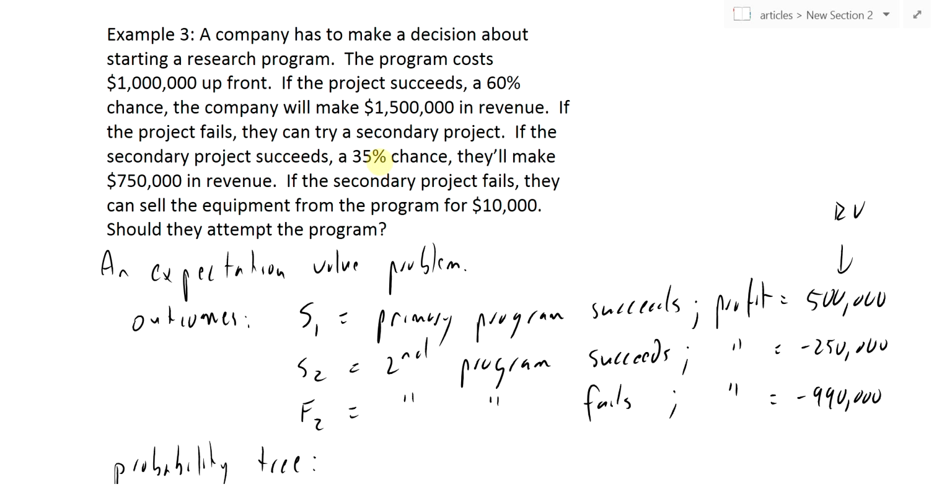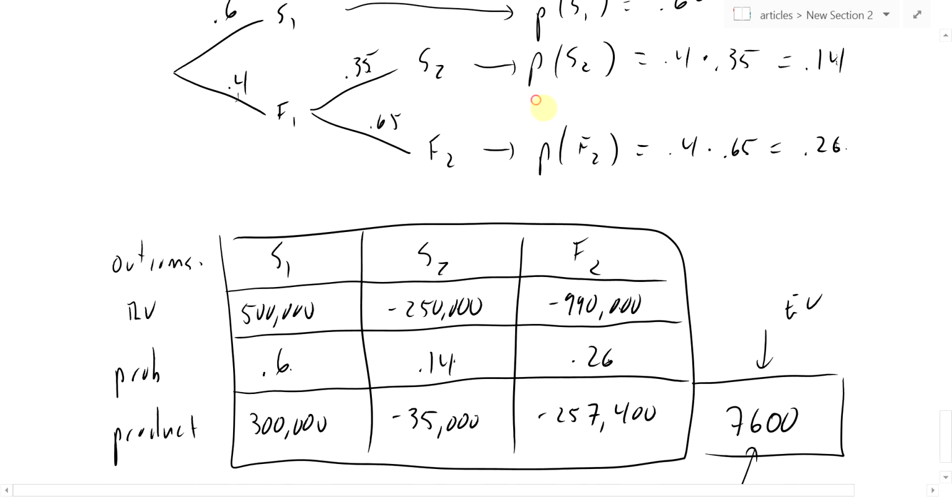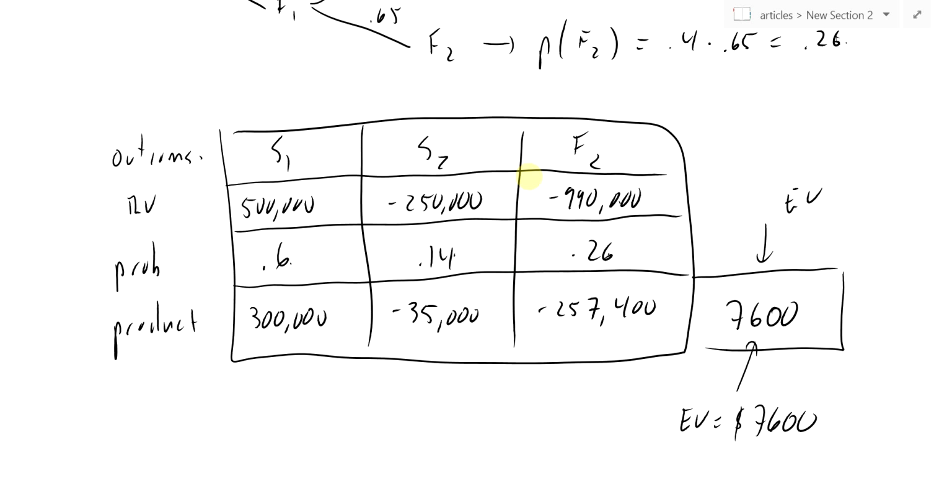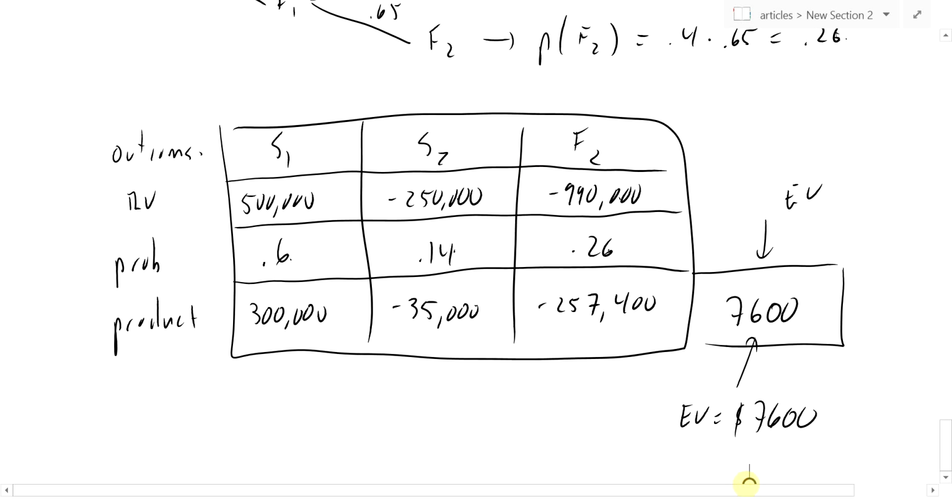Do you want to fund it or not? If you have 10 different things going on, there's a big enough chance that the expectation value is actually relevant. Some of them will work, some of them won't, but on average we should make about $7,600 on each one, so on average we'll make $76,000 if you fund 10 of these.